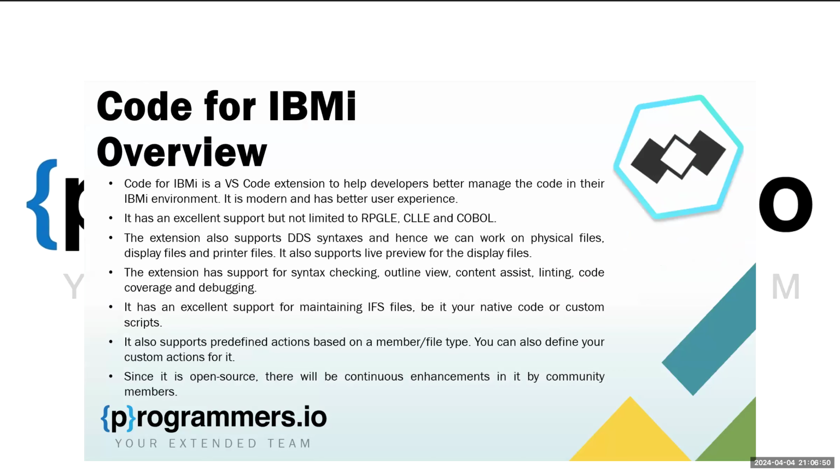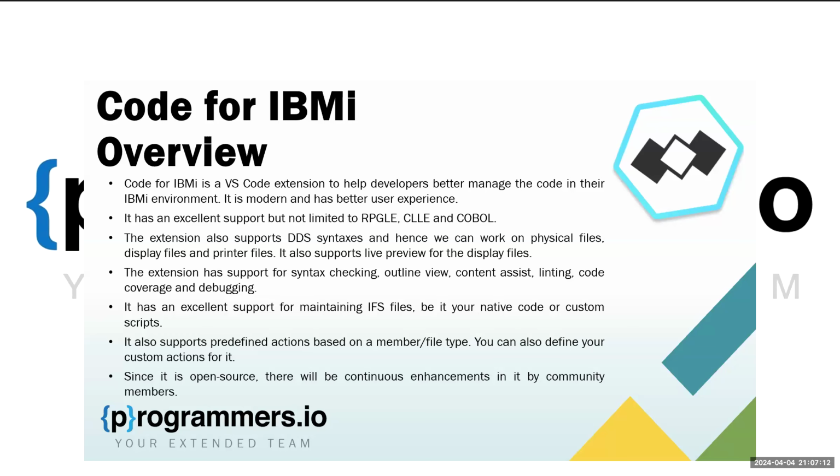Code for IBMi is the popular extension developed by Liam Allan. Code for IBMi works together with other extensions like RPGLE language tools and provides basic functionality for managing connection profiles, a source browser, and an IFS browser.